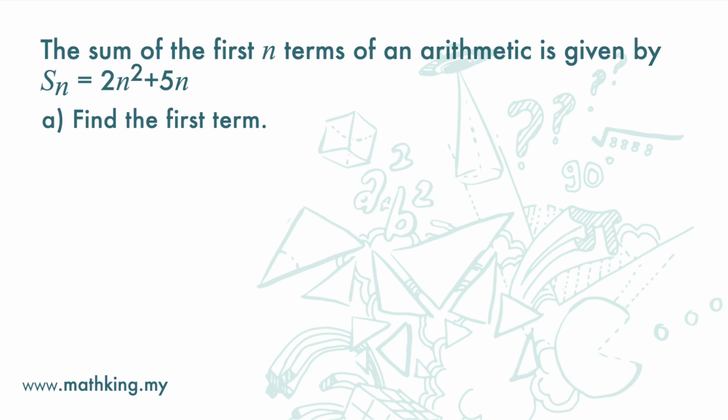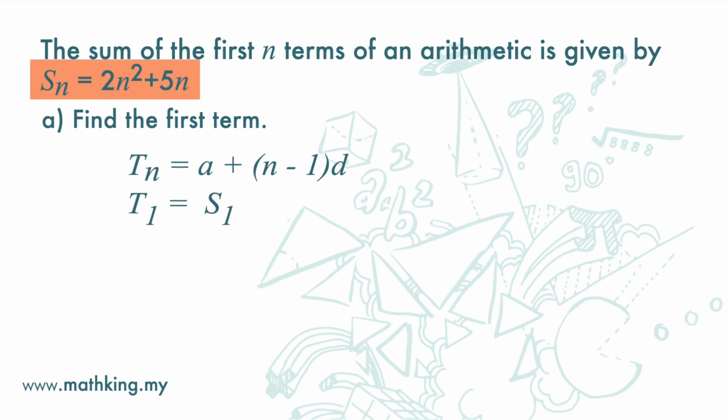The first term is t1, and usually we find t1 with this equation: Tn equal a plus n minus 1 times d. But then here we are not given a or d. But the first term is also the same as S1, the sum of the first term only.